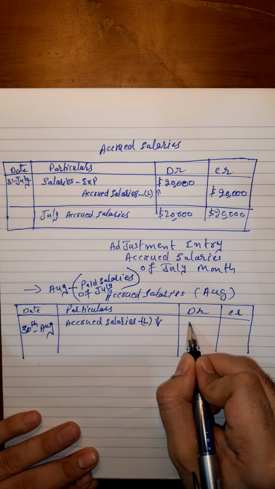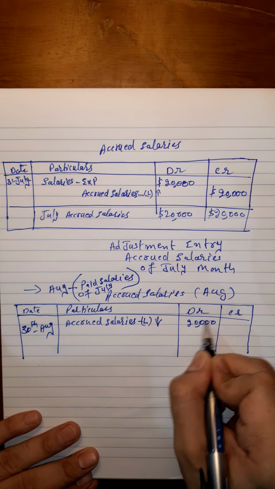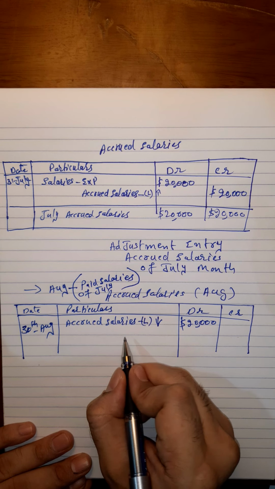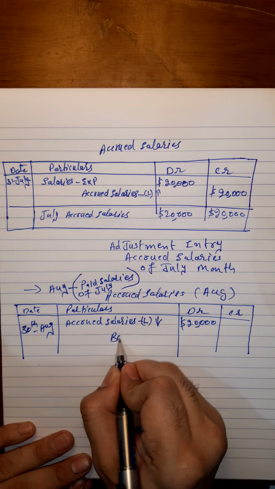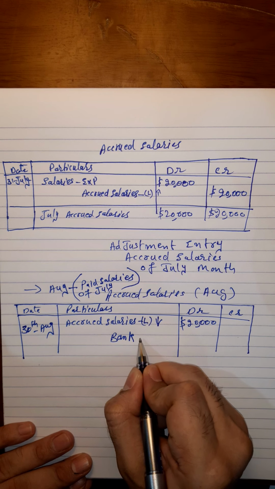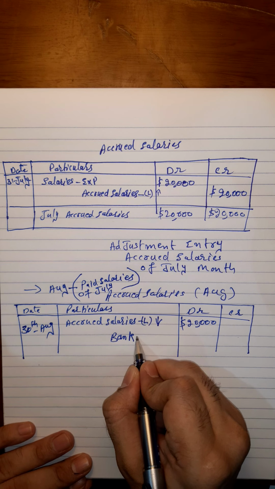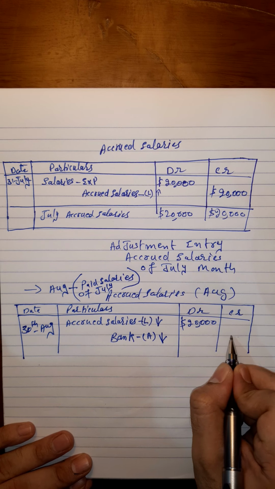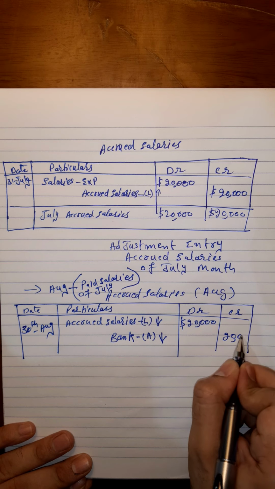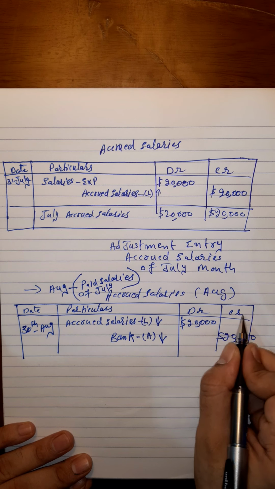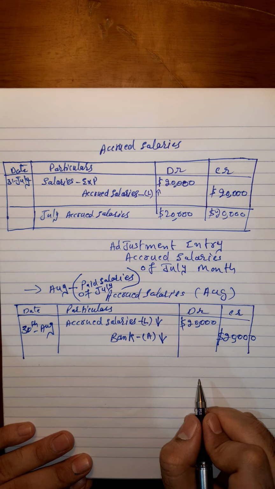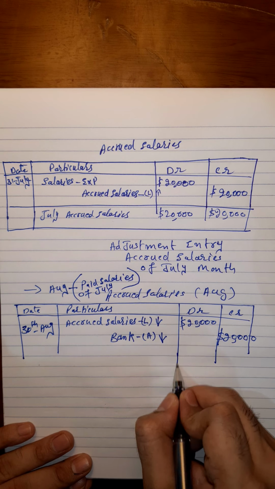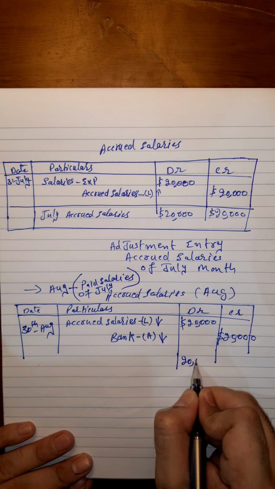This is the debit credit rule. $20,000, and we paid salary through bank, through checks. Bank is our asset. Asset is decreasing, so when an asset decreases, we will credit $20,000. This is the debit credit rule, which is in my lecture number 4.